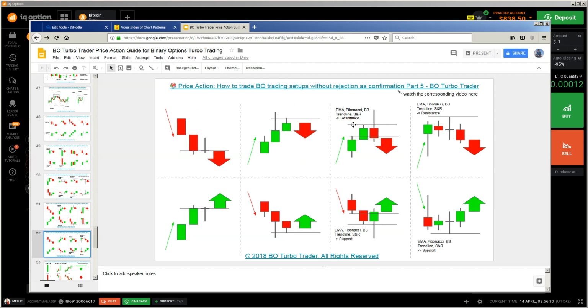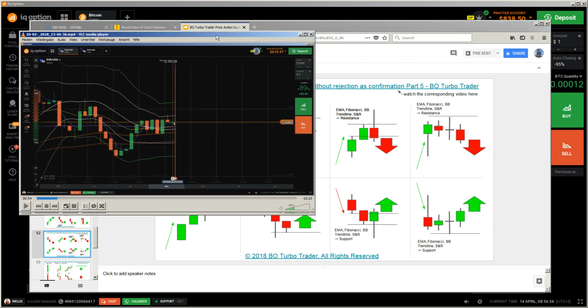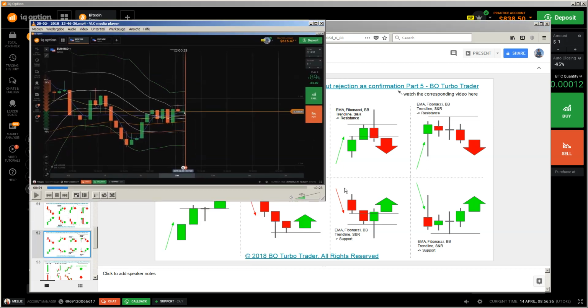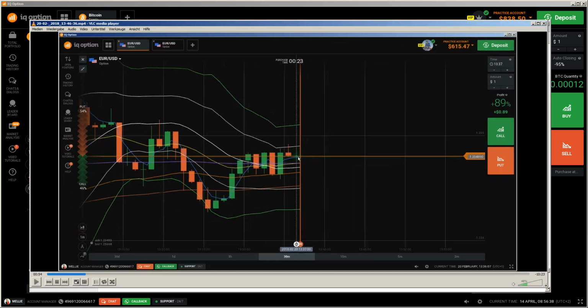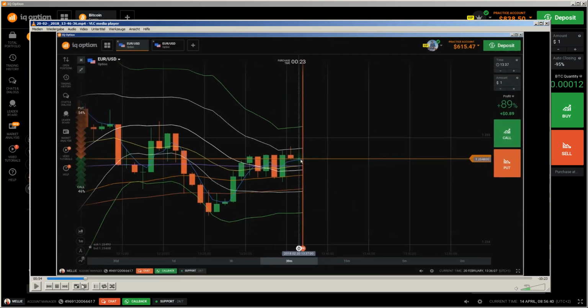Then you have a good trading setup, and you see how you can enter immediately into this trade without any kind of rejection, because you have two things together, and that is what confluence is about. You see, this line here is creating some kind of resistance area.